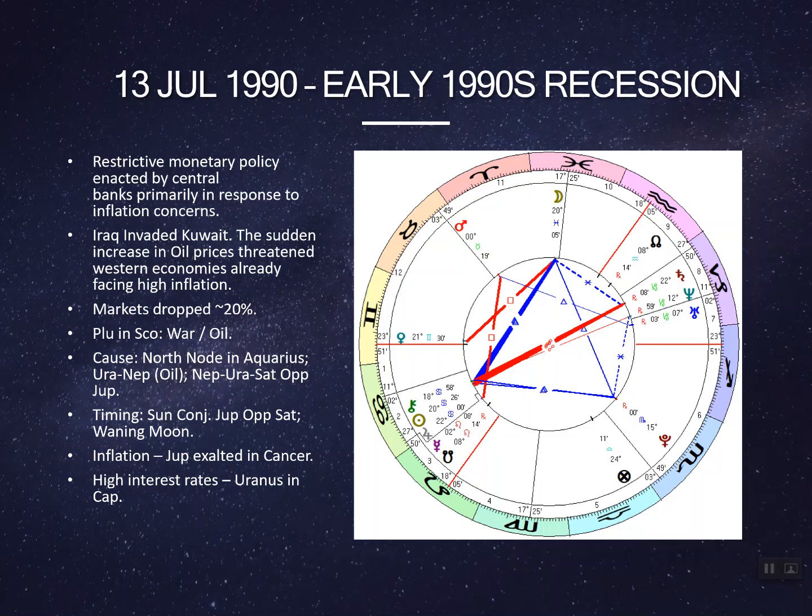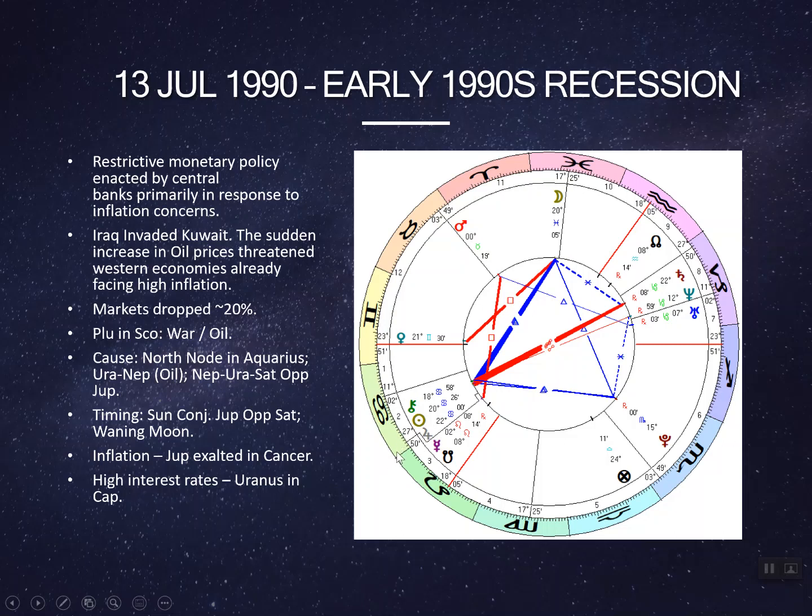In terms of timing, why did it happen on this specific day? Well, we can see that the Sun is in conjunction with Jupiter, in direct opposition to Saturn. It's interesting to have Jupiter in Cancer, because Jupiter is exalted in Cancer.